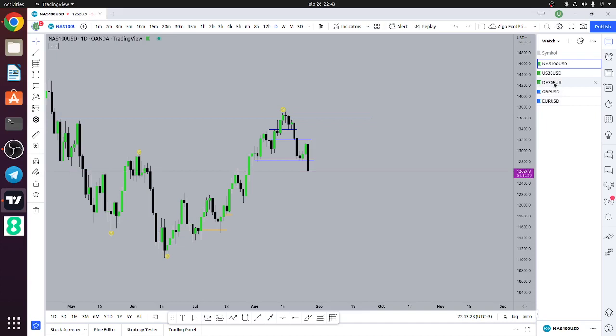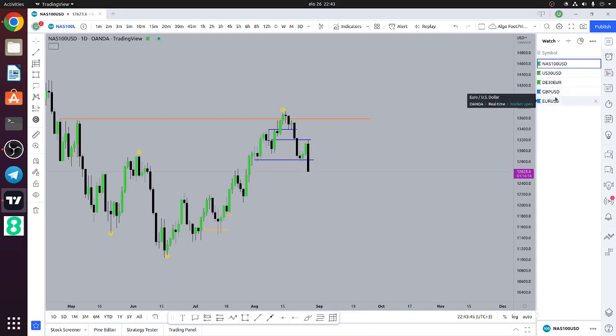Here it says German 30, but I think it's now called German 40. This has been my favorite for about a year now. DAX is my favorite, especially during the London session, followed by the Nasdaq and then the US 30.